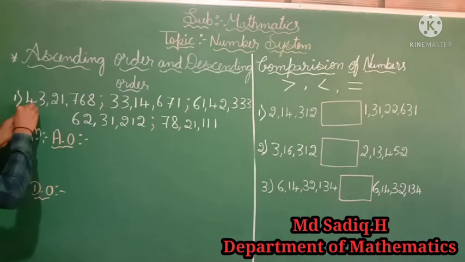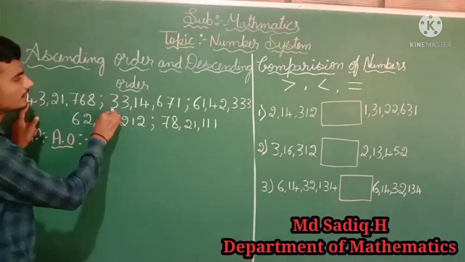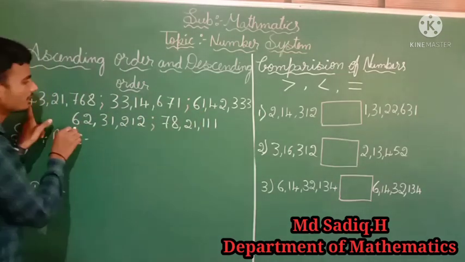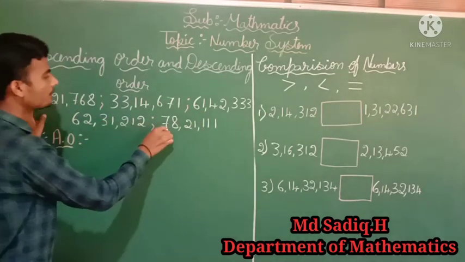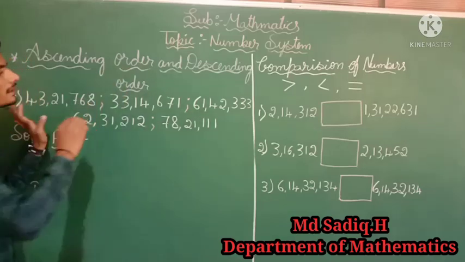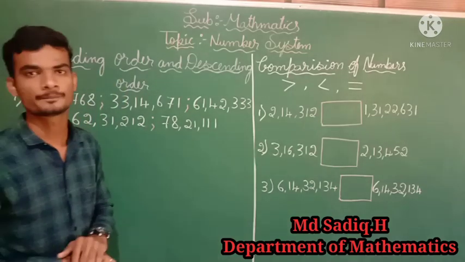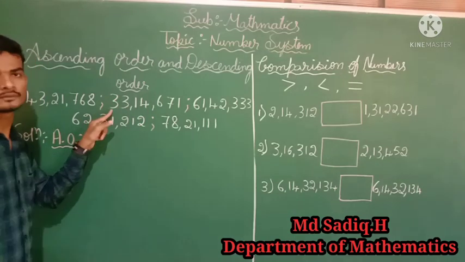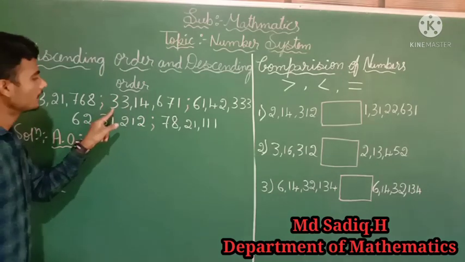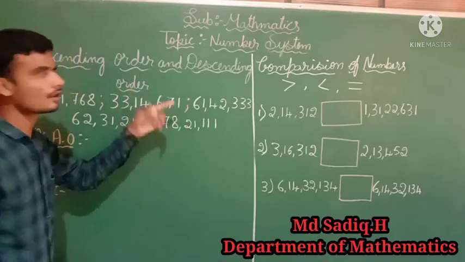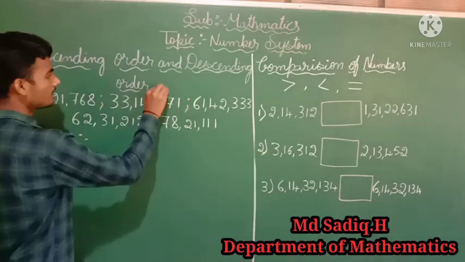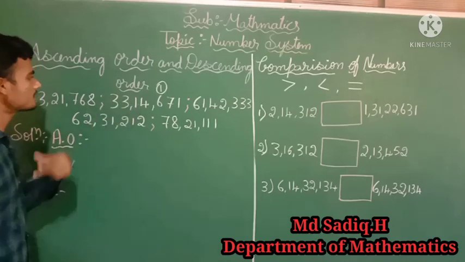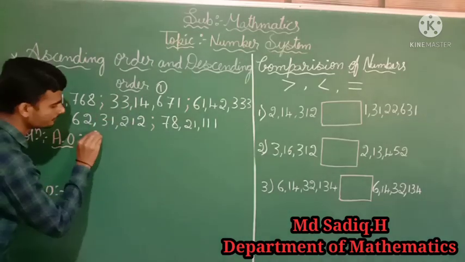Here is a 4, here is a 3, here is a 6, and here is a 6, and here is also 6 and here is 7. Now you have to find which is the smaller number. I hope all of you have found that it is in the first place. First we have to write this number first.